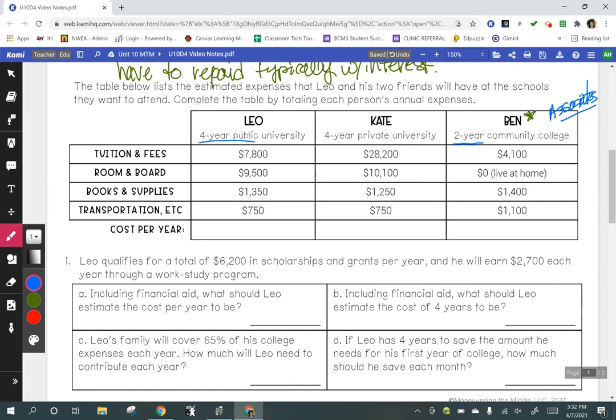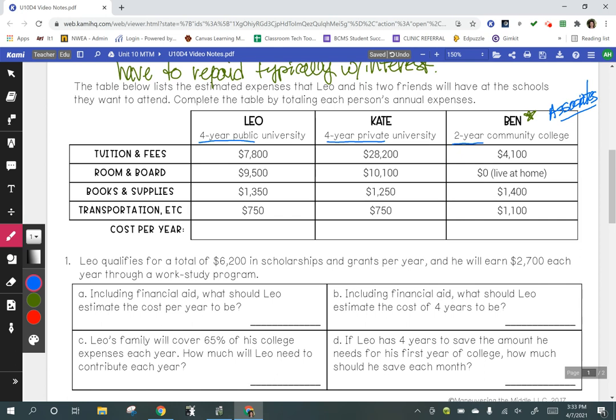That would be like UT, A&M, any of those public schools that are non-denominational. A private school is usually something that has some kind of denomination behind it, meaning it's a Catholic school or a Christian school or a Baptist school.